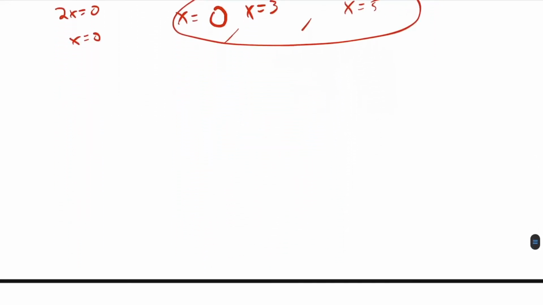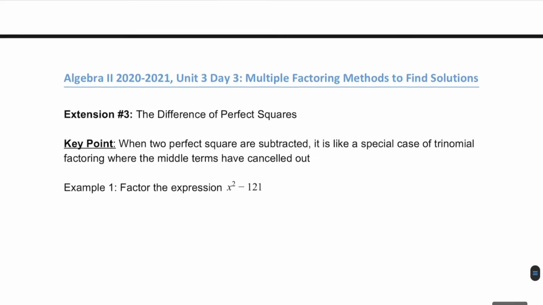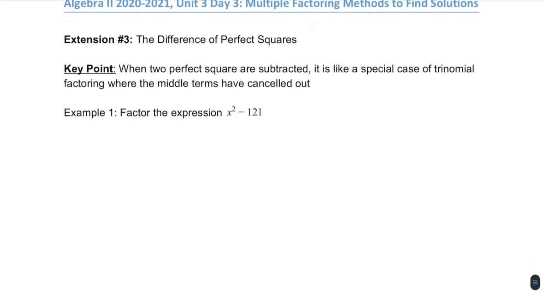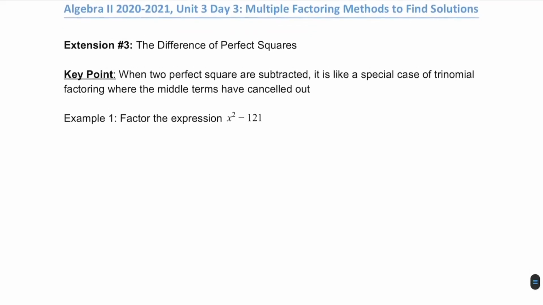Final extension here today is something that hopefully you've seen before, the difference of perfect squares. So when two perfect squares are subtracted, it's like a special case of trinomial factoring where the middle terms have canceled out. And I'll show you what I mean by this in a second. If we have x squared minus 121, it looks like there's a missing middle term.